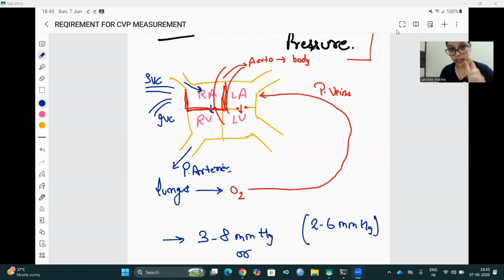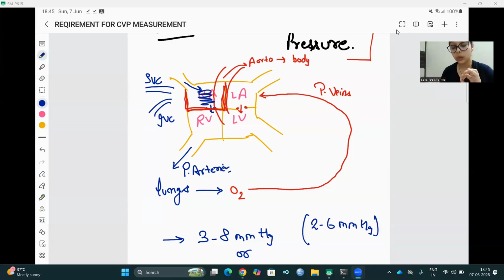See, there are two conditions. The blood which is there in the right atrium is not moving forward towards the right ventricle, so the blood will start pooling in the right atrium. Good enough? Okay. Now let's say the right atrium is working properly, but the right ventricle is not.